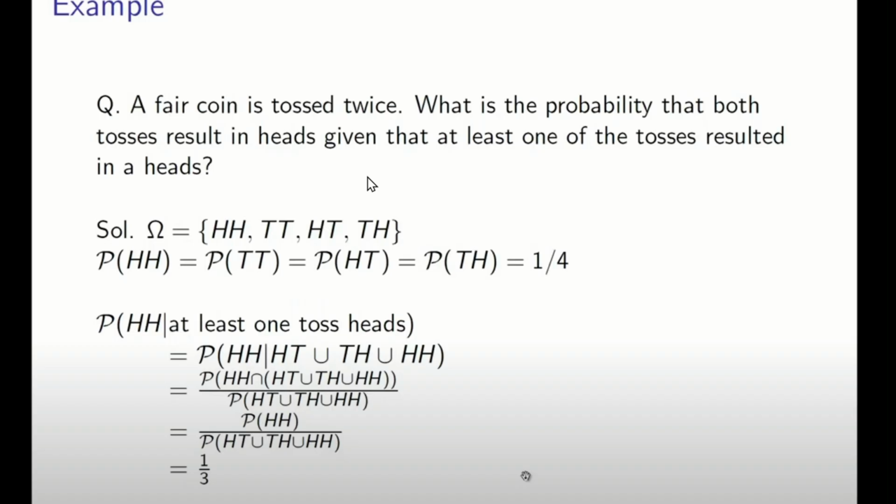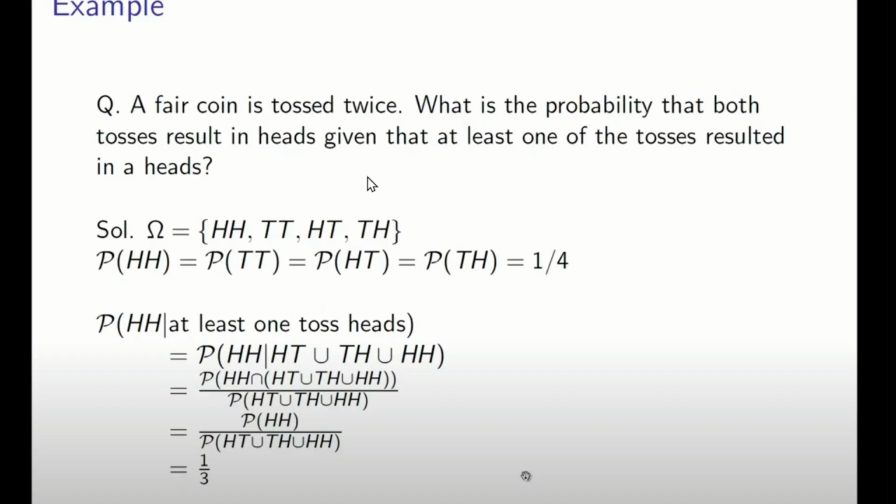The question is, if a coin is tossed twice, what is the probability that both tosses result in heads, given that at least one of the tosses results in a head? The sample space is HH, TT, HT and TH. We want two heads at the same time. P of HH equal to P of TT equal to P of HT equal to P of TH, each probability will be 1 by 4, since the total outcomes are 4.